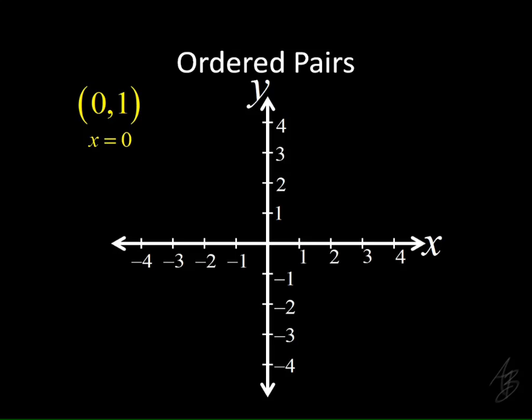Is it going to be on the y-axis or on the x-axis? Yeah, it's going to be on the y-axis. So that yellow line right there, that's where x equals 0. So x equals 0 right there on the y-axis, and y equals 1 right there. So where they meet is going to be right there. Any questions about those?